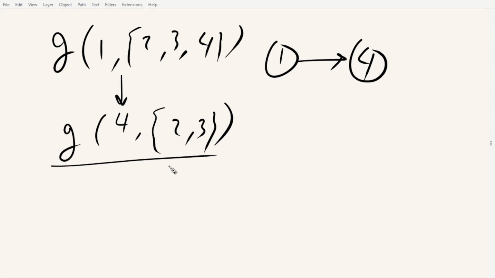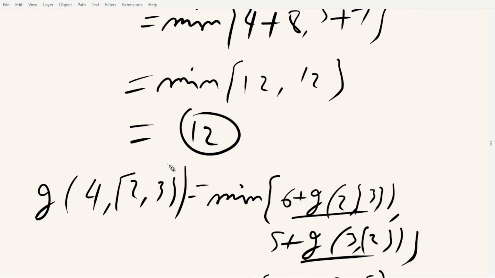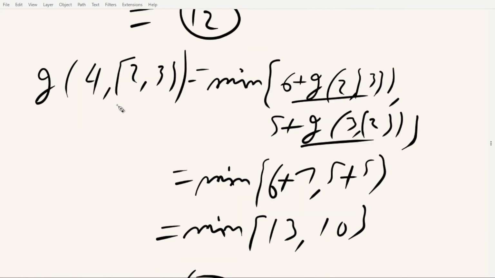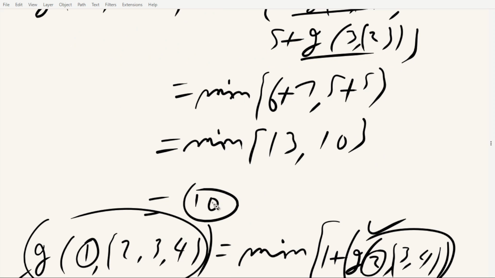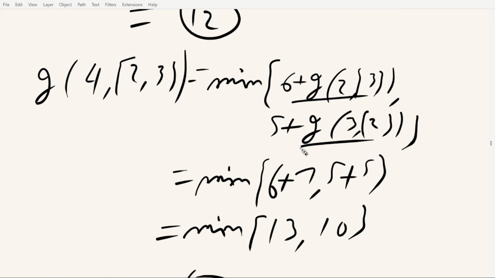So we consider G4 2 3. G4 2 3 minimum is 10. So we take the second option, G32.